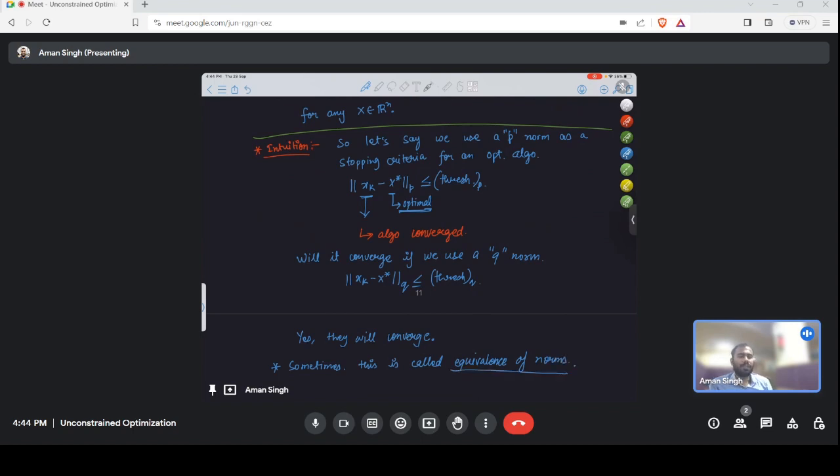What this says is that if in an algorithm we prove convergence with one norm, we can prove it for any other norm. Whatever norm we use will converge, and will converge to the same point. It does not matter which norm you are using in your optimization.